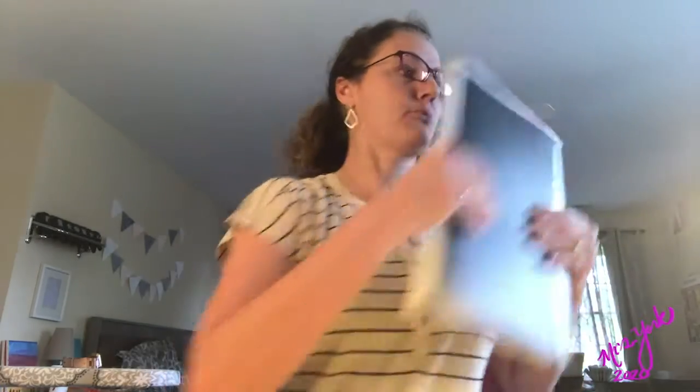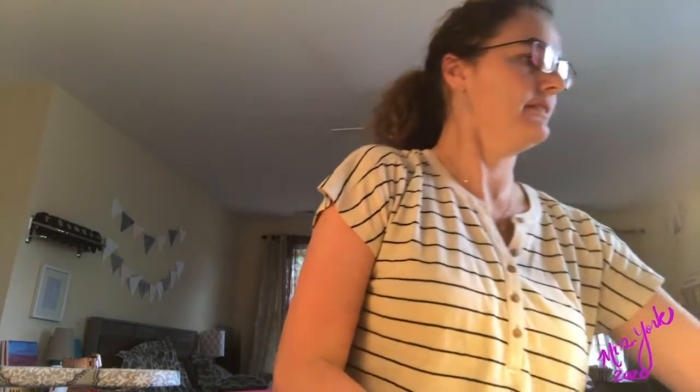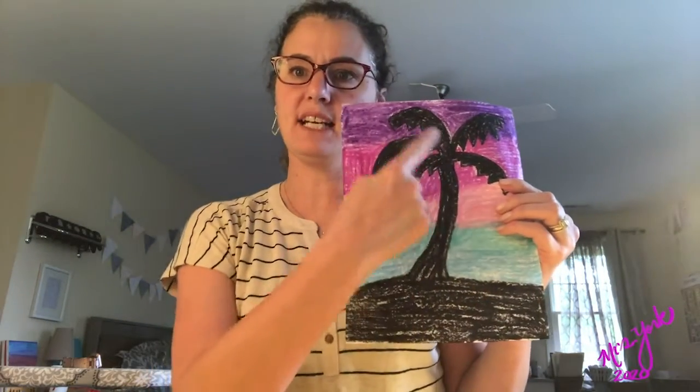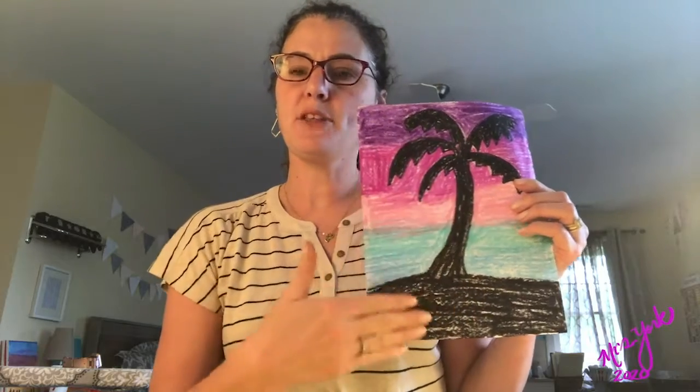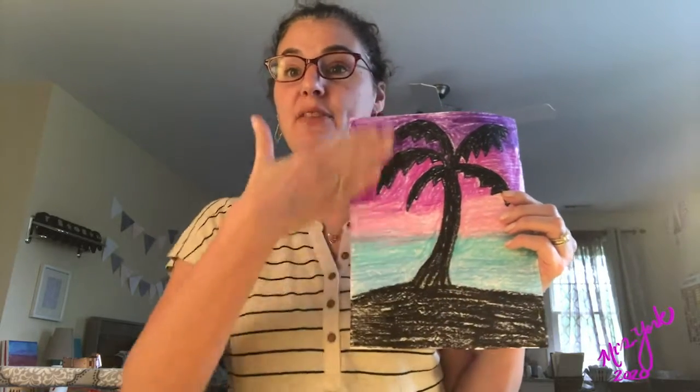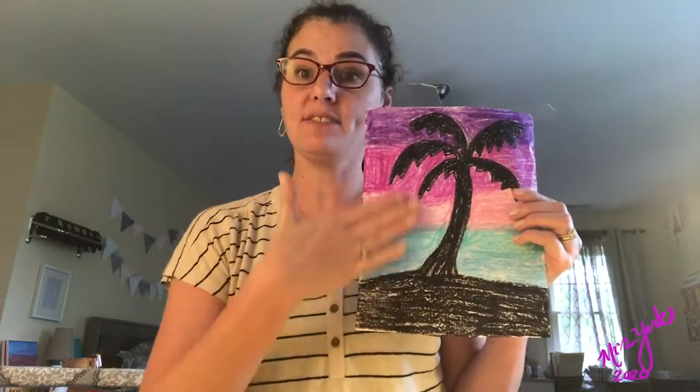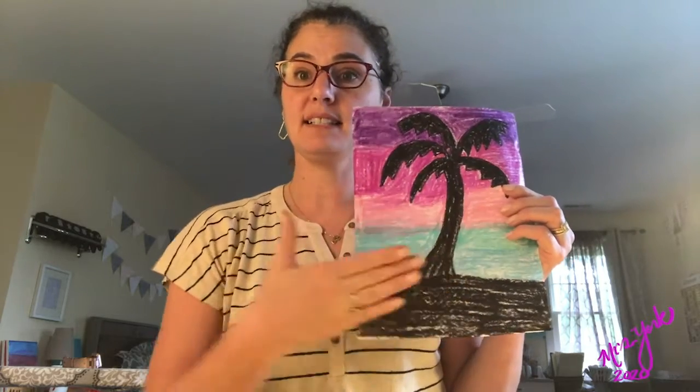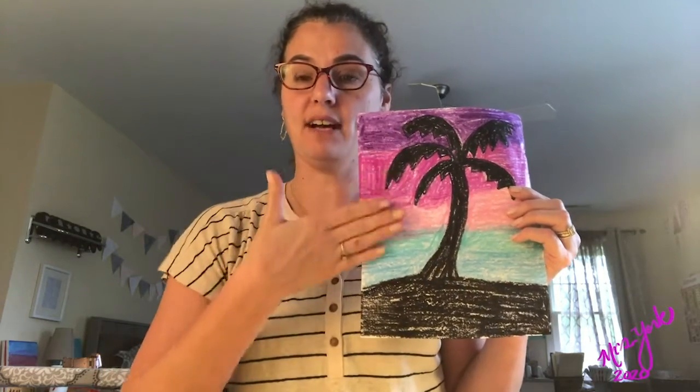Well, I'm going to show you this sample for the project we're going to do today. So here we go. We are going to be doing a palm tree in the positive space, and then the background is going to be the negative space. Positive space, negative space, the background.